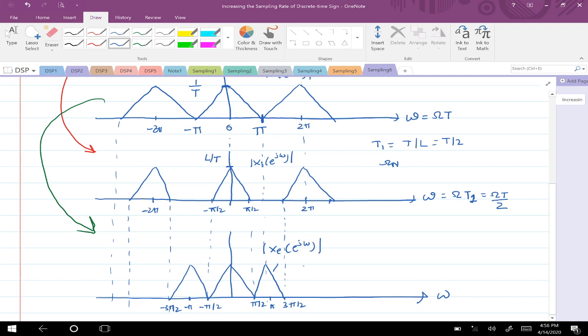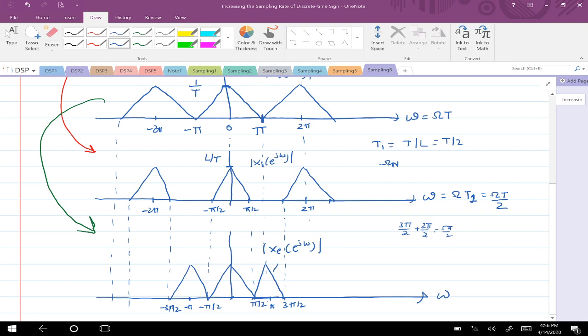So where will the next copy end? This is pi by 2 to 3 pi by 2, right? So each copy, this length, is pi, right? So 3 pi by 2 plus pi, that means 2 pi by 2, that would end at 5 pi by 2, right?